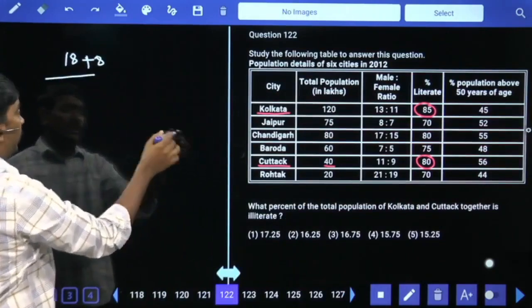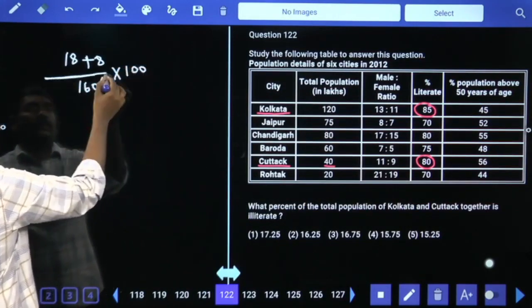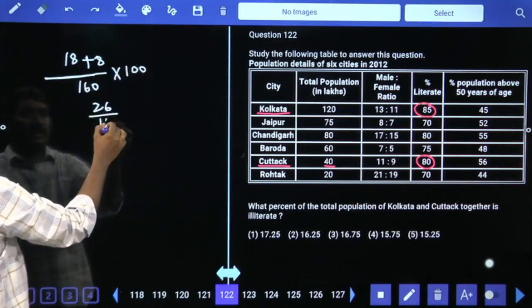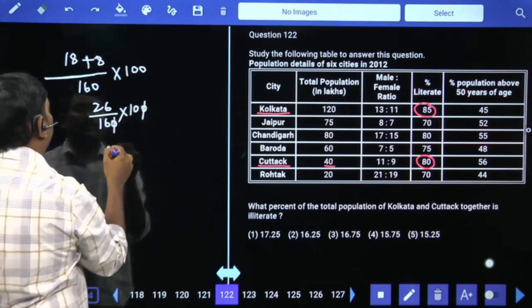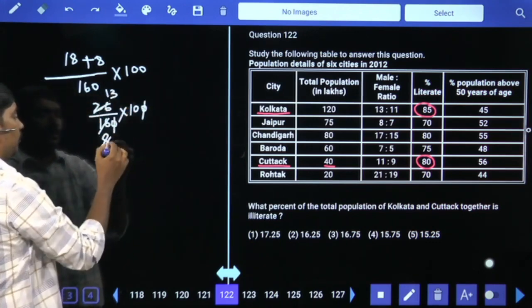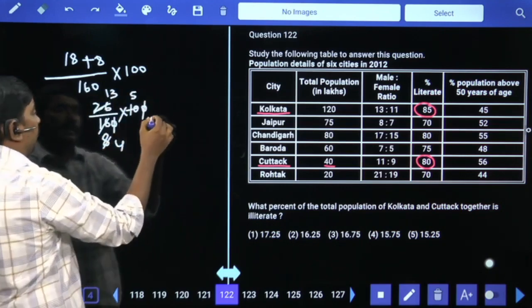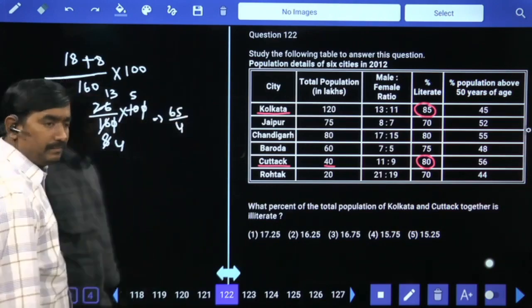Out of 120 plus 40, 160. 26 is what percent of 160? 65 by 4, 16.25.